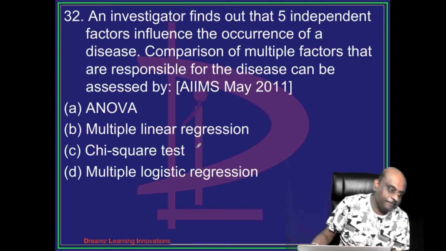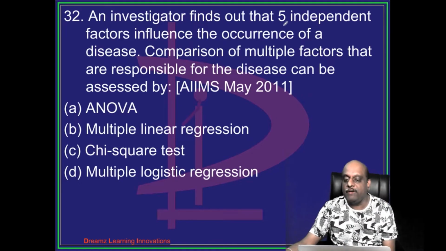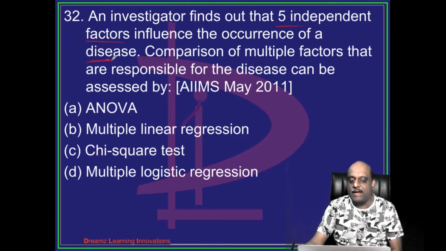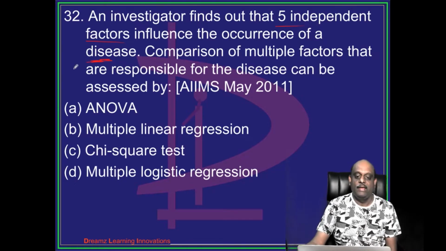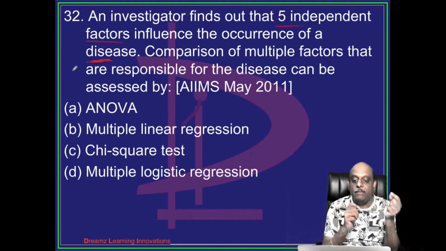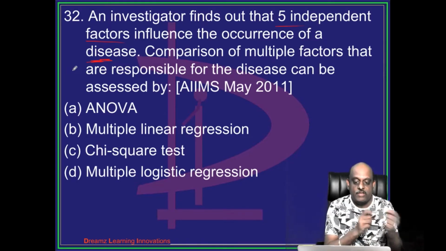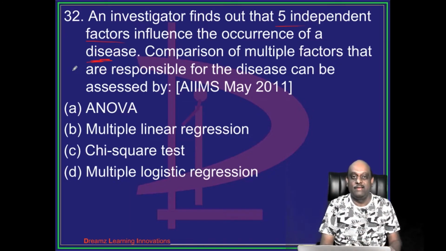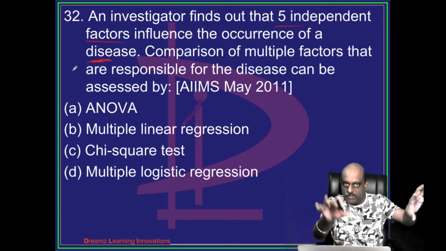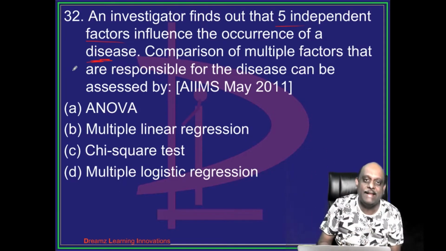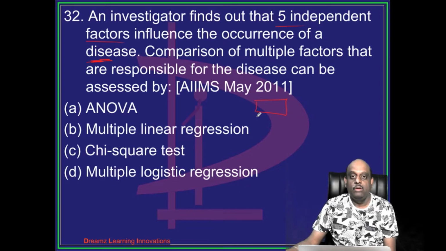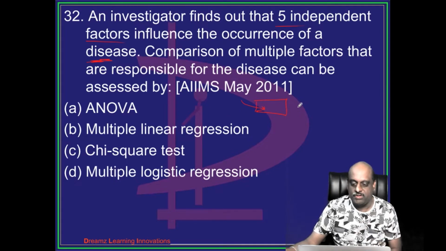Got it? Now, an investigator finds out that 5 independent factors influence the occurrence of disease. And you want to compare these multiple factors that are responsible for the disease, to see which has a greater effect. For example, doctor, you studied entrance books.